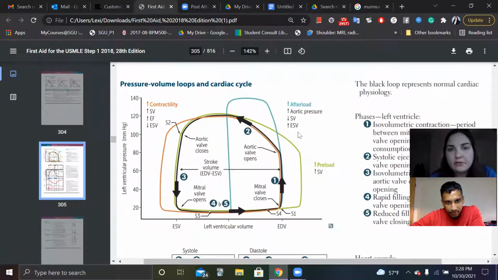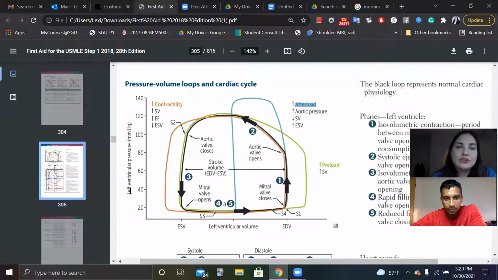So this is another visual representation of afterload, preload, contractility, all those things, right? So when we're looking at these things, our height is our afterload. Okay, it's the left ventricular pressure because you told me afterload was how much pressure we got. Okay, this one says volume. So what do you think the width is going to be?